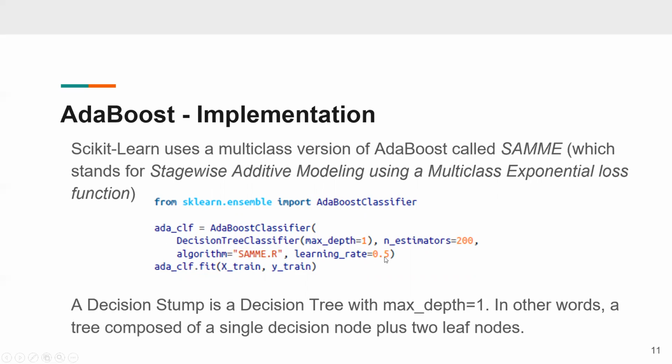The learning rate is that eta we discussed in step 2, equal to 0.5, and then you fit from X and y to fit this model. So a decision stump is a decision tree with max depth equal to 1. In other words, a tree composed of a single decision node plus 2 leaf nodes. That's the AdaBoost implementation in scikit-learn.